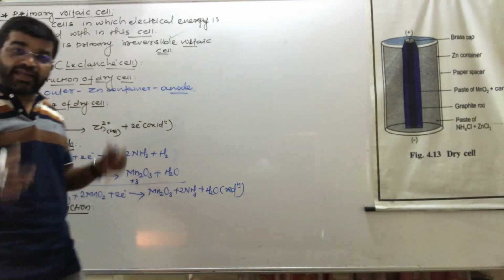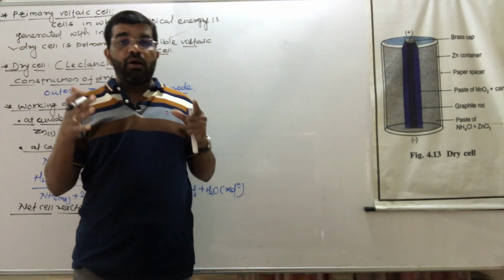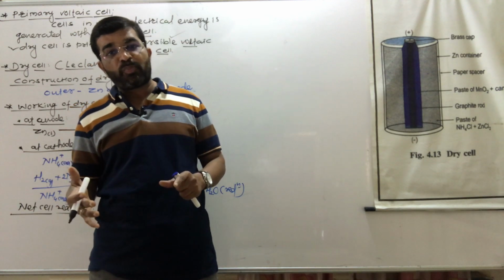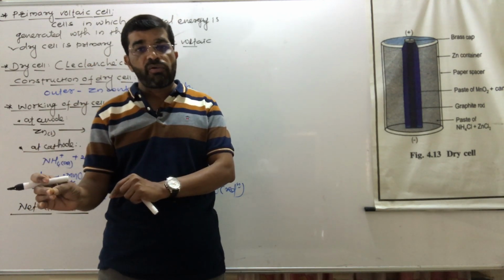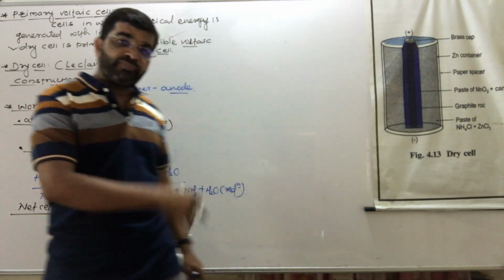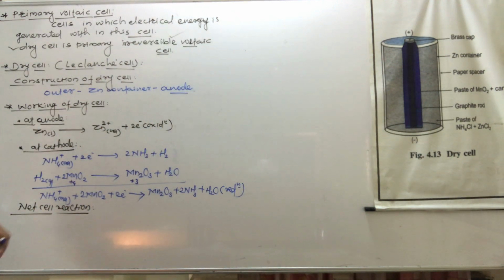नेट सेल रिएक्शन यानी क्या? ऑक्सीडेशन एट एनोड प्लस रिडक्शन एट कैथोड. Sum of anodic oxidation and cathodic reduction, that is nothing but the net cell reaction.